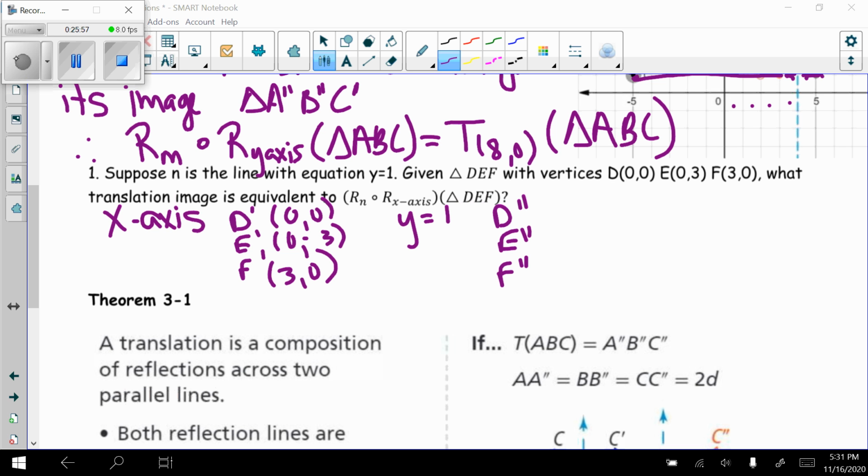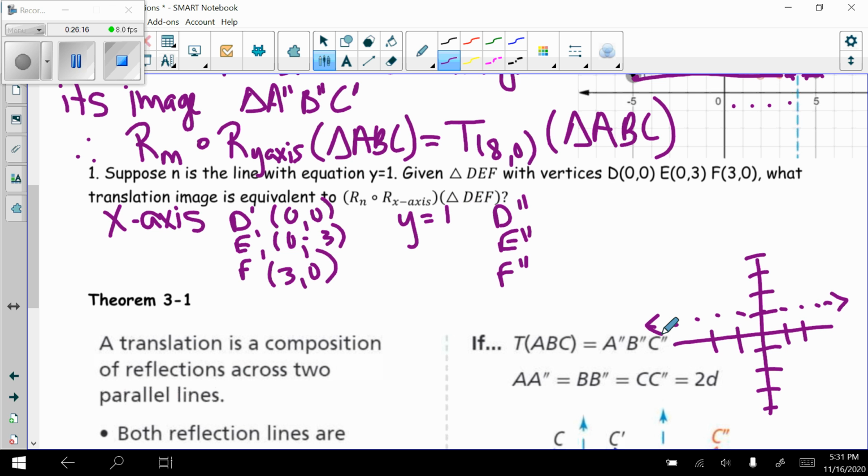If that helps you, I'm just going to draw a picture of this over here. So this right here, y equals 1, is our line that we're reflecting about.